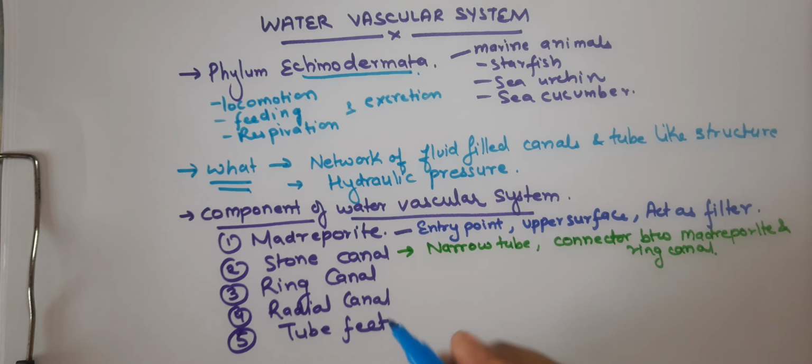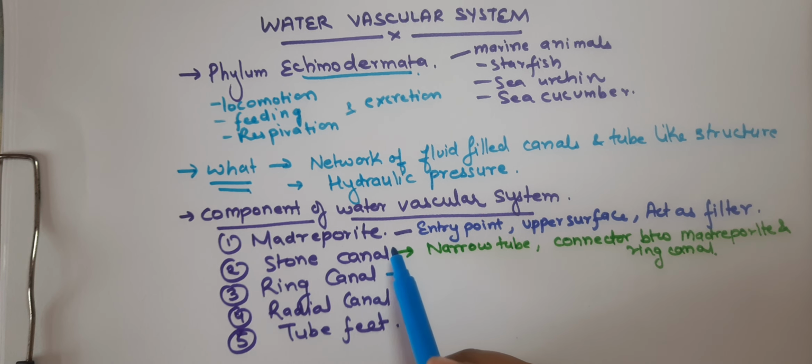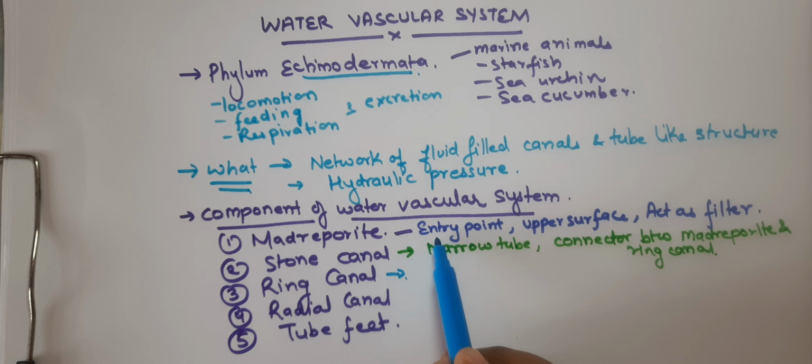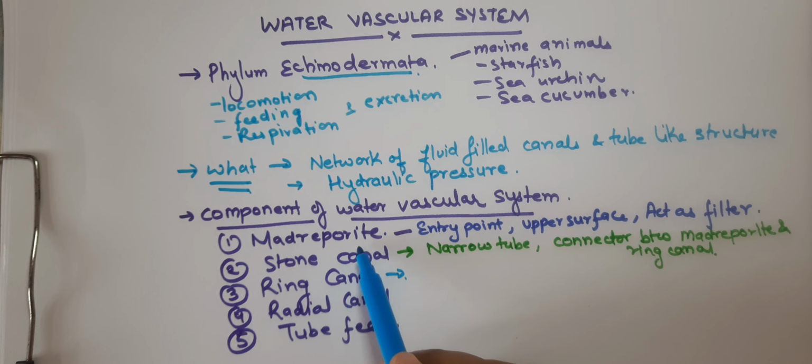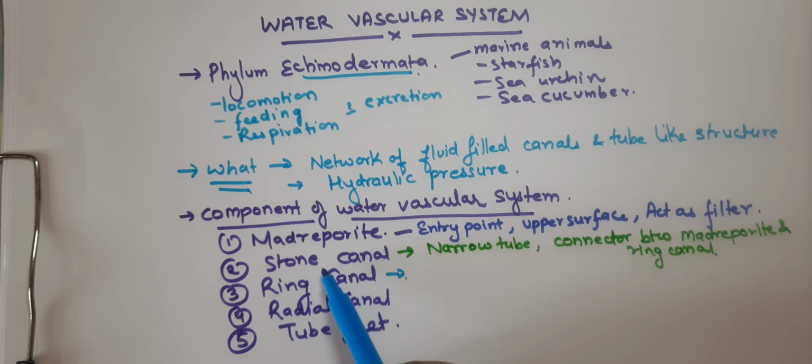The third one is the ring canal. Students, the ring canal encircles the mouth of the echinoderm, and it distributes water to the radial canal. So what will happen? The water gets inside through the entry point, the Madreporite. Then the tube like structure between the Madreporite and the ring canal is the stone canal.